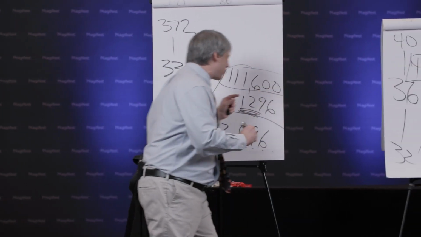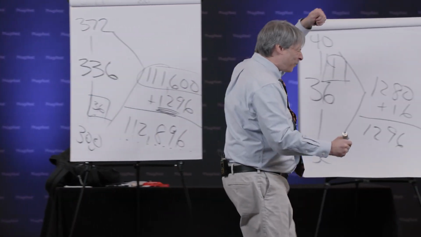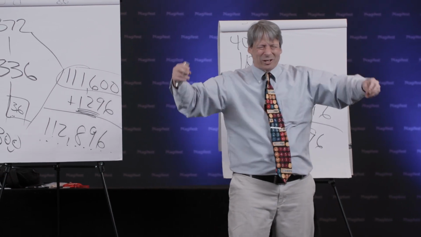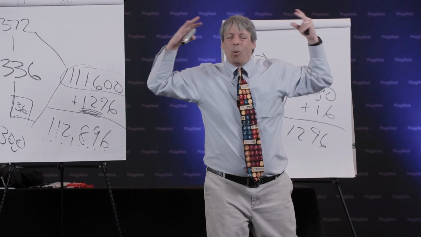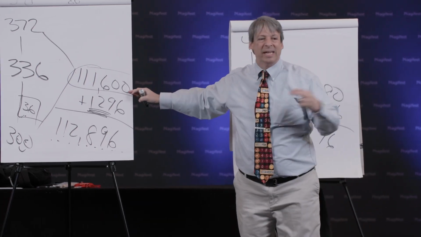You said, now I have to add what? If you're lucky, you remember you have to add 36 squared. You do 40 times 32, 1280 plus 16 is 1296, and you add it to, it's gone, right? So only if this is so fast that this number is still ringing in your ears.